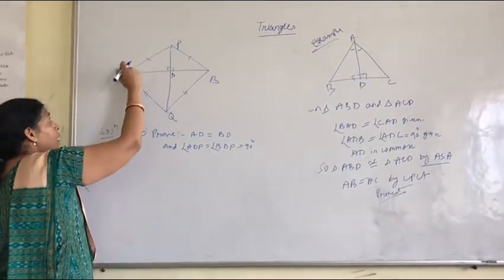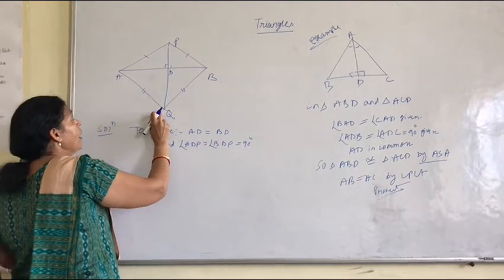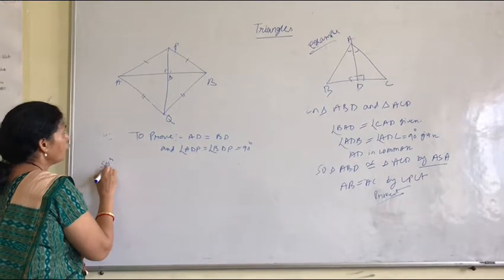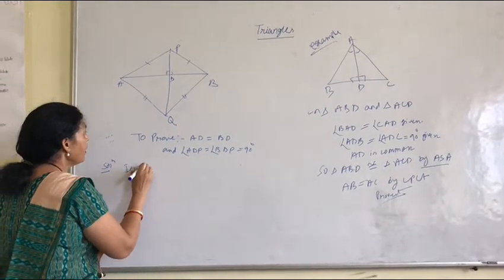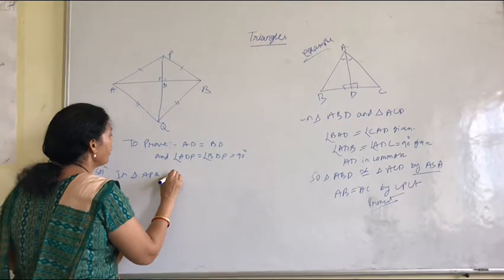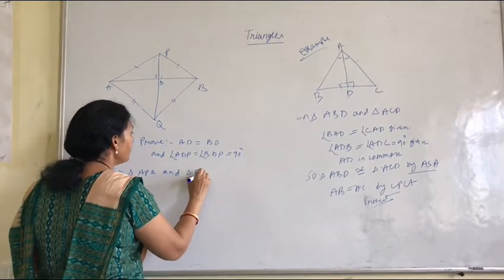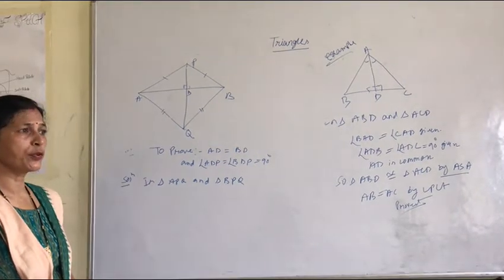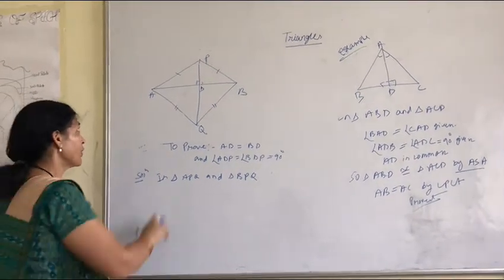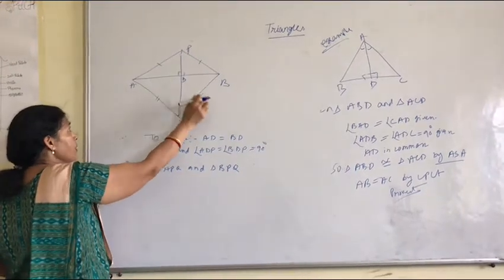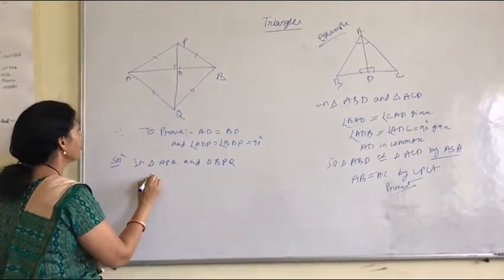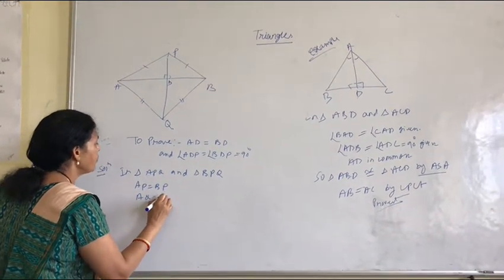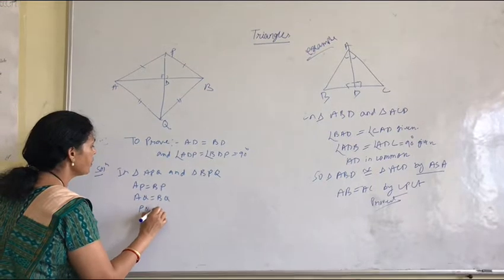So first you prove triangle APQ and triangle BPQ congruent. In triangle APQ and triangle BPQ, these two triangles you have to prove congruent by SSS congruence condition, because AP is equal to BP, AQ is equal to BQ, and PQ is common.